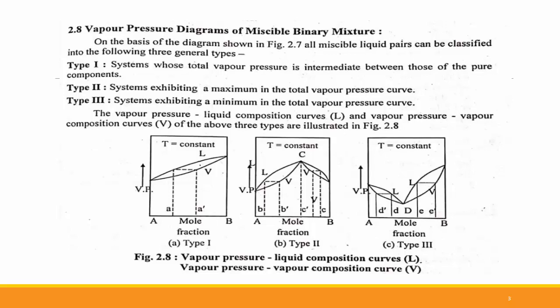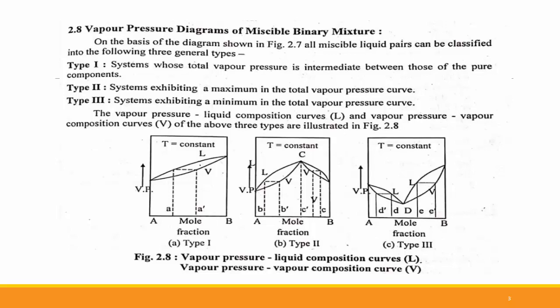Let me show here three different types of figures or graphs. You can see here type 1, type 2 and type 3, where in all cases the temperature is kept constant. In figures A, B and C, the vapor pressure and the liquid composition curves are plotted against the mole fraction of the two components A and B. L indicates the liquid composition curve, and V indicates the vapor composition curve.